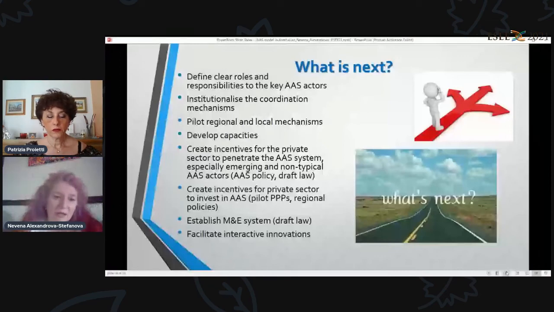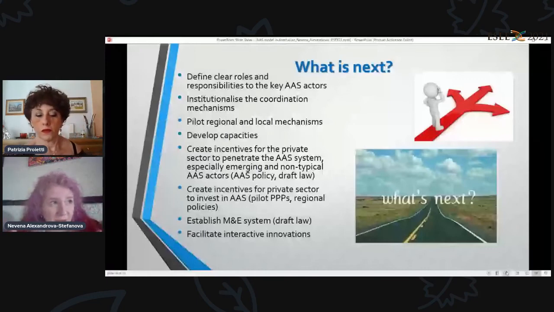We pilot almost all mechanisms at regional and local level, so that we provide the government with a choice to see what is working well and what probably is not working very well in these conditions.